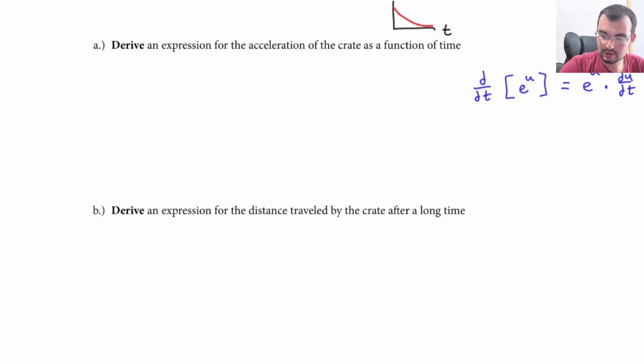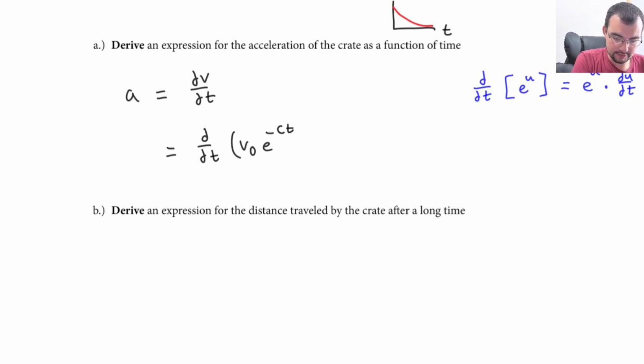All right, so what is the acceleration? Well, we'll apply our new derivative rule. Acceleration is still the derivative of velocity. So d dt of v0 e to the negative ct. v0 is just a constant, and then our exponential rule just says the derivative of an exponential is the exponential itself times the derivative of that exponent, so I need a negative c.